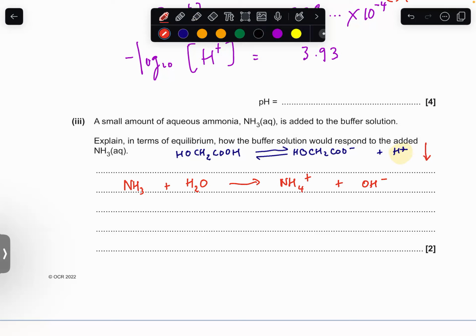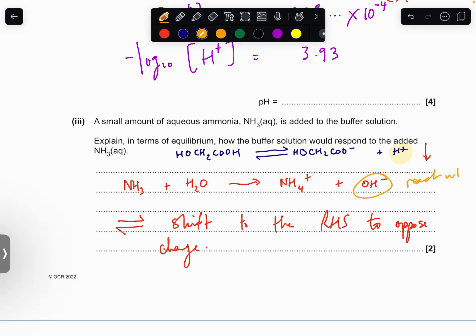And so, to oppose that change, the equilibrium will shift to the right-hand side, because OH minus ions react with H plus.